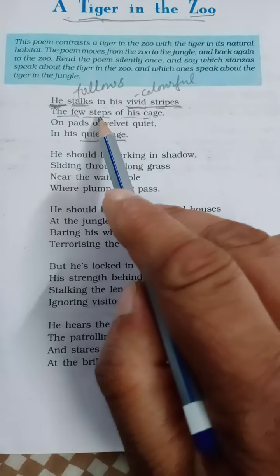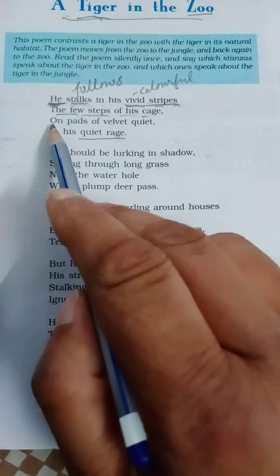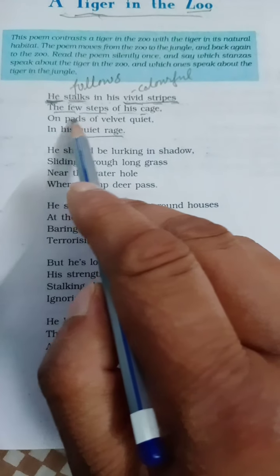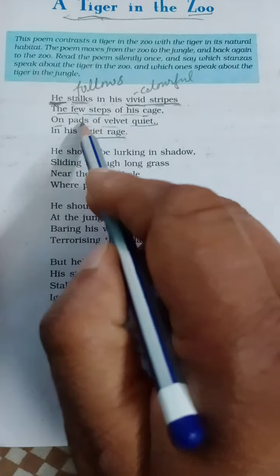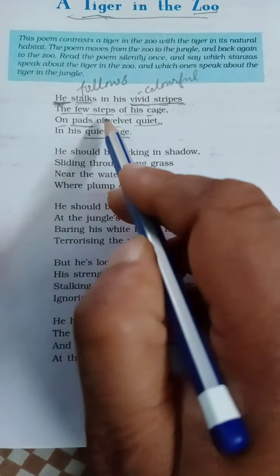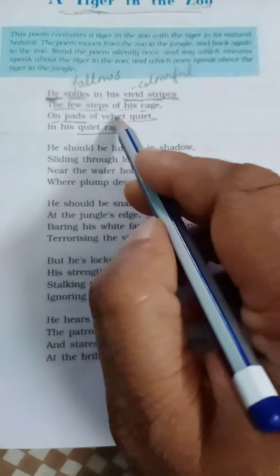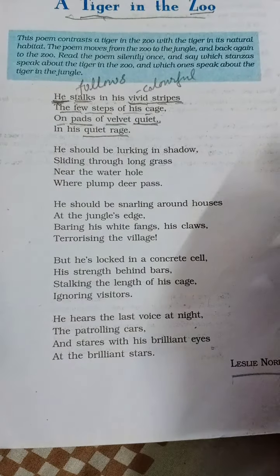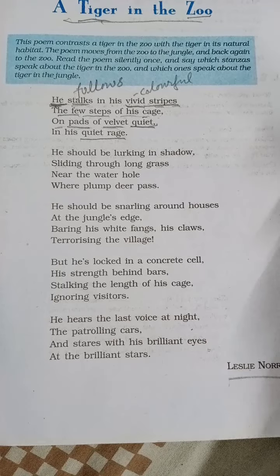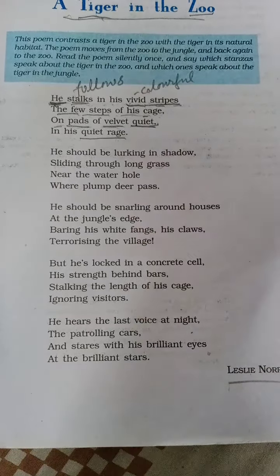On pads, how does he move? He moves on his pads of velvet white. Pads means the down part of his paws, velvet means soft, white means very silently. Why silently? Because he is in a cage.